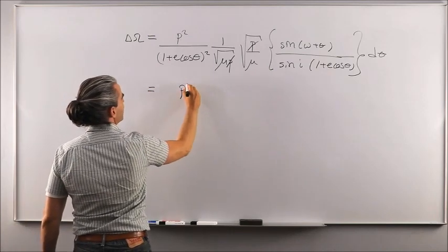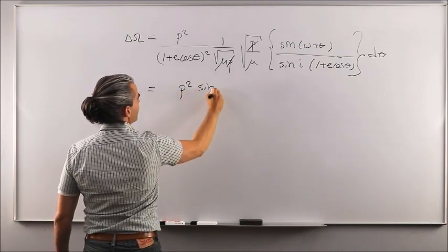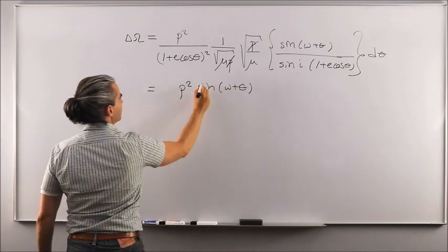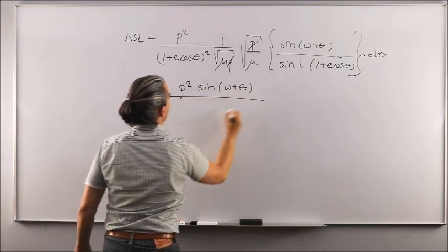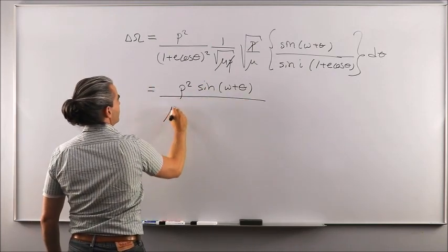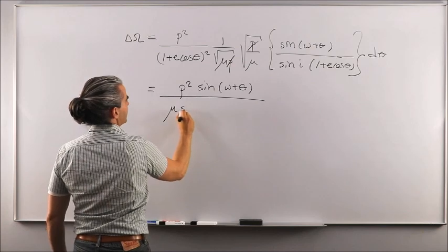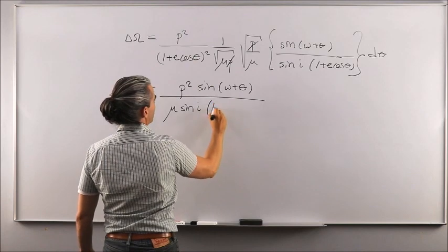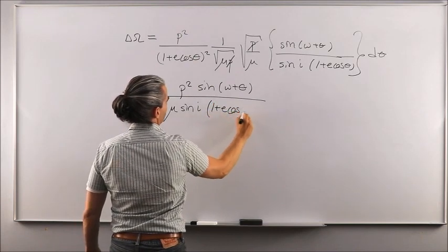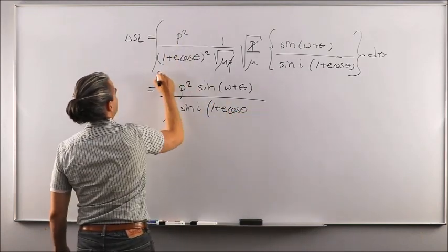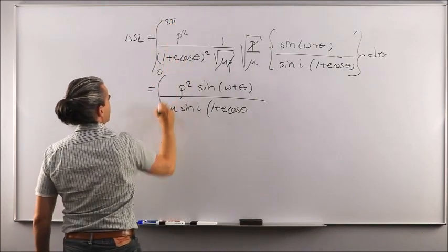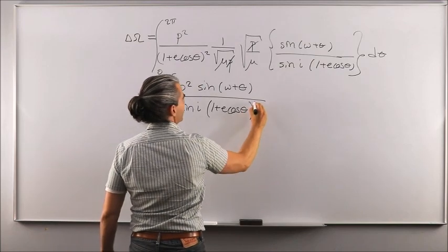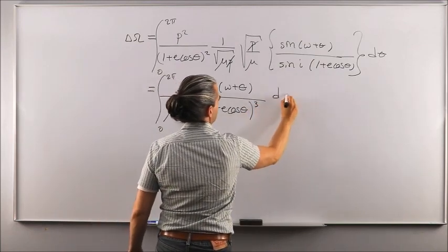This is going to be p squared sine of the argument of latitude over mu times sine of inclination times (1 plus e cos theta) cubed d theta. I forgot the integral.